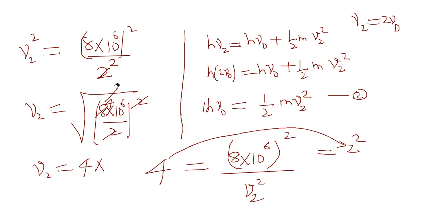You can easily take that into the root. If it is not 4, but some 5, 3 or 6, some other value, then you cannot do it as easily as I am doing right now. You should have cancelled inside the root and then taken the root. But this has become easier because they luckily gave 4. So what we would get is 4 into 10 power 6.